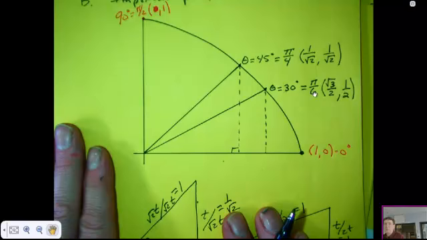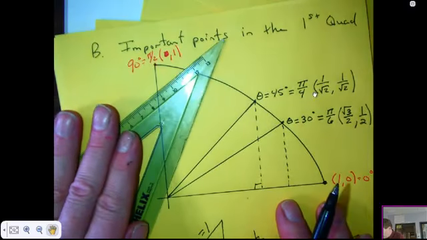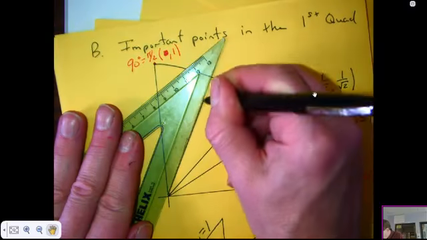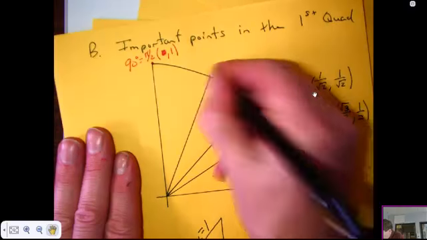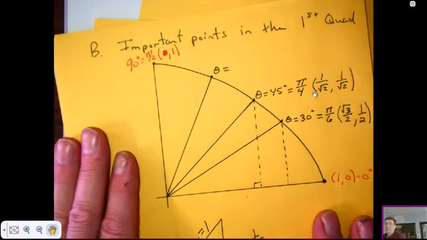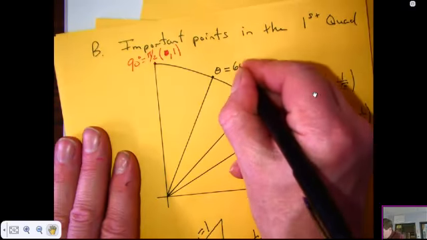What's the other angle I care about on this that has exact values? It would be the 60, right? So someplace up in here. This is complicated. All right, so I didn't go through this one. What angle is that? 60 degrees.